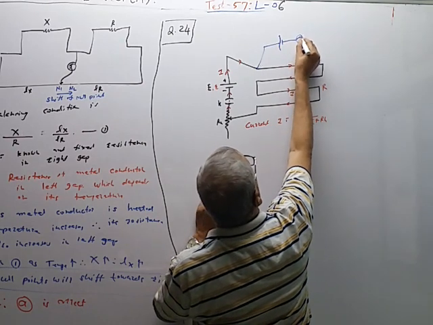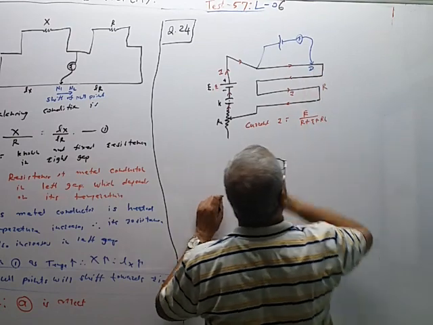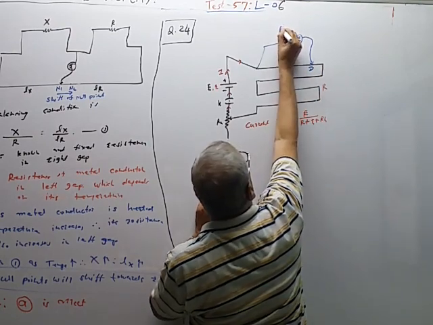This is the galvanometer. This is D, null point. So this is the unknown EMF E1.